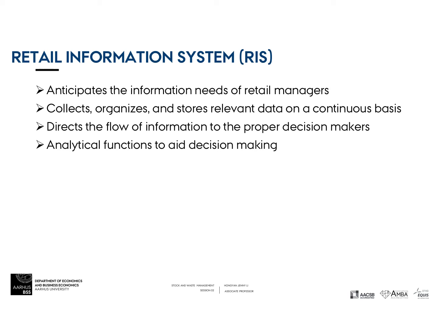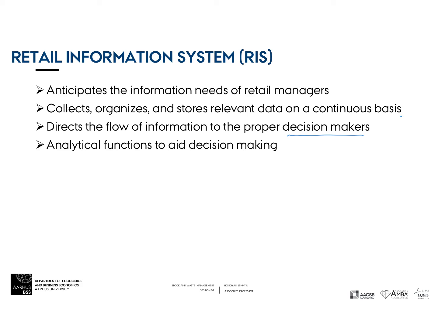That's one usage, and it collects, organizes, and stores relevant data on a continuous basis. That's also one of the functions of a retailer information system, and it directs the flow of information to the proper decision makers. Or we can see the decision makers can extract the usable information from the information system.